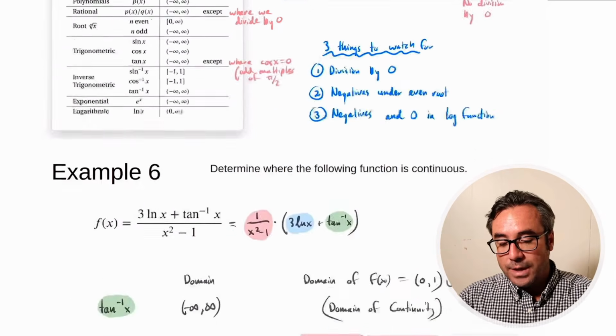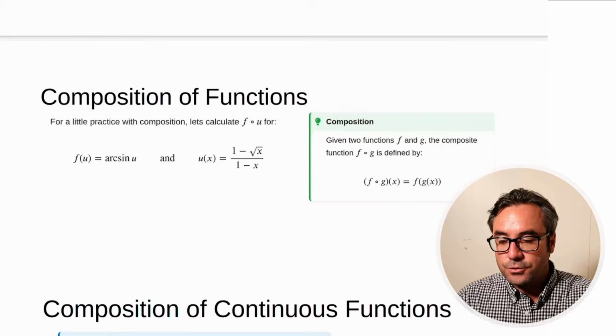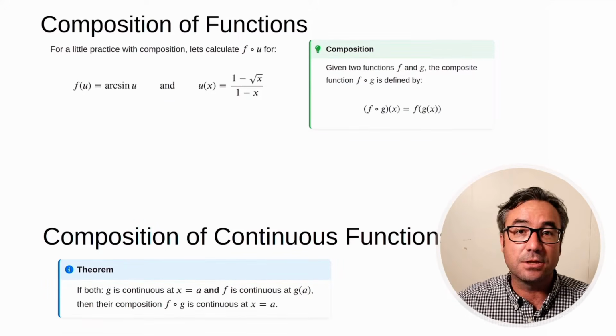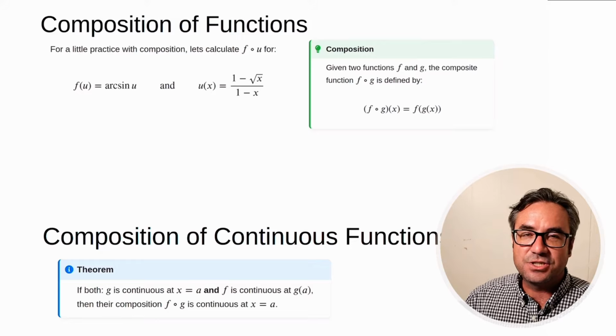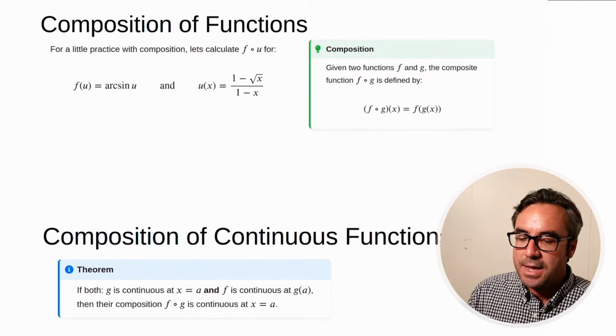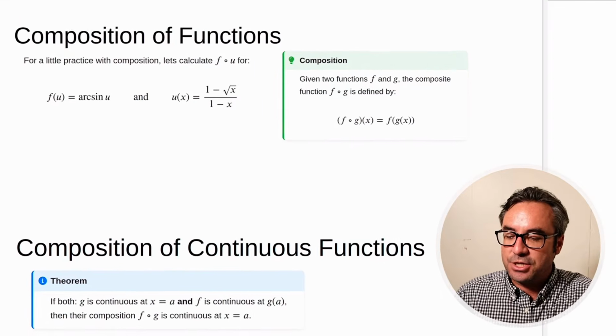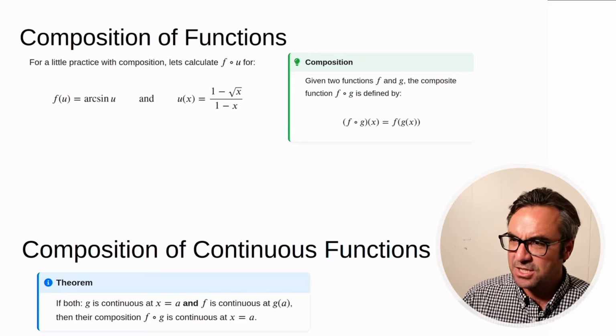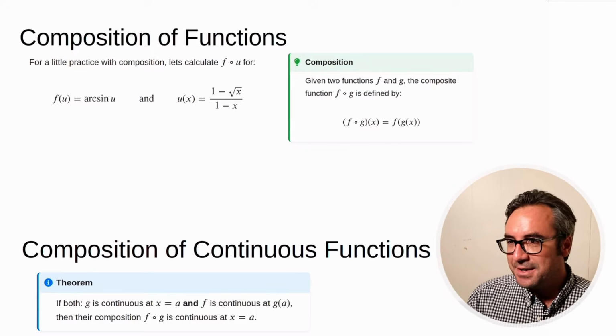All right. Well, there's one other algebraic way we can combine functions that's a little bit different than just plain addition, subtraction, multiplication, division. And that is composition, taking two functions and composing them. So this is a little bit different, and this is going to be a recurring theme.